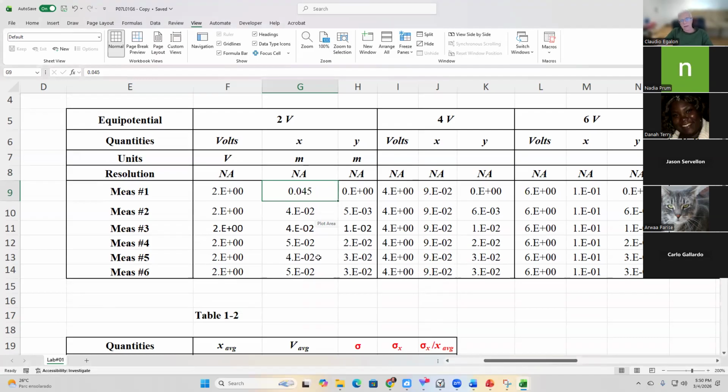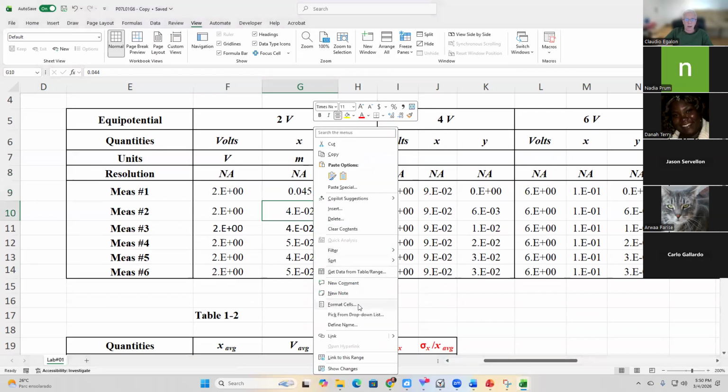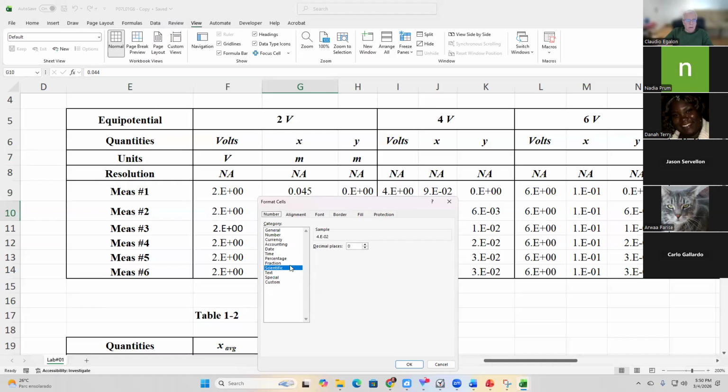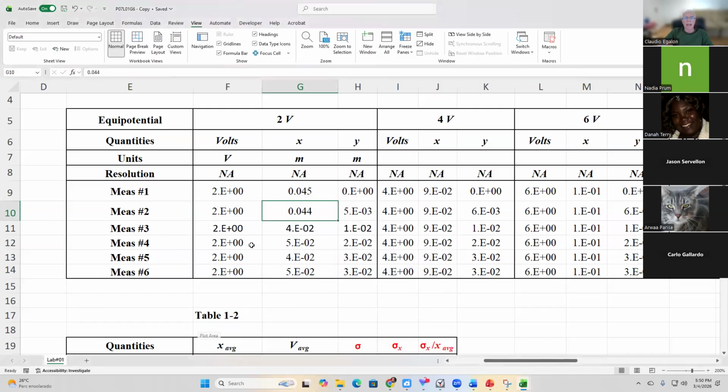You might have learned in a different way, okay, but I prefer to make it simpler this way. Just use the resolution of your measurement. This one here, same thing. Right click, format cell, display it in numeric format up to the third decimal place. And that's the right way of displaying this measurement.